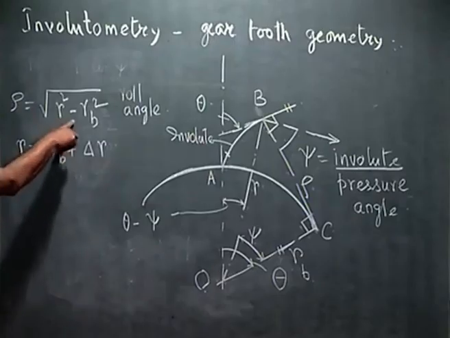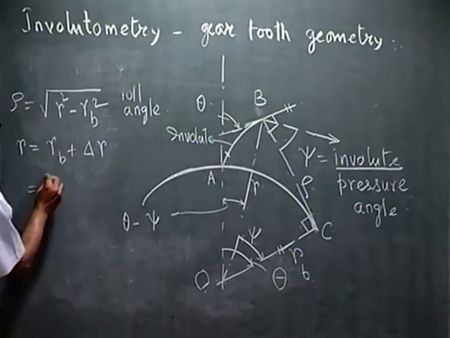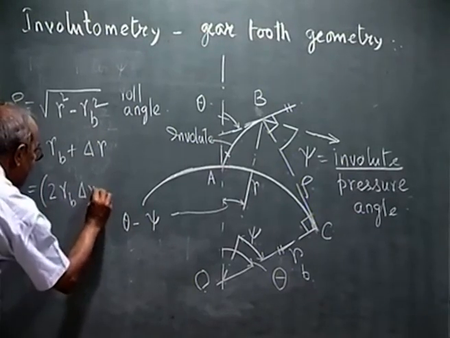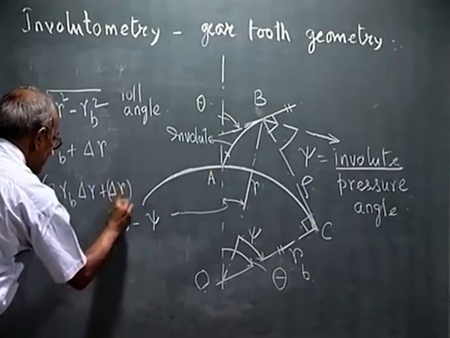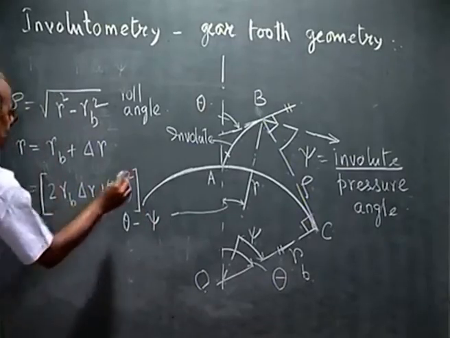Let us say as I start from A, I go a little away from this when r changes from RB to RB plus say some delta r. If I substitute it there, what we get? We get twice RB into delta r plus delta r squared to the power half.